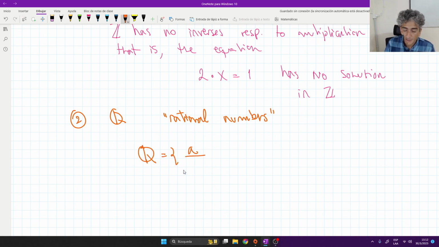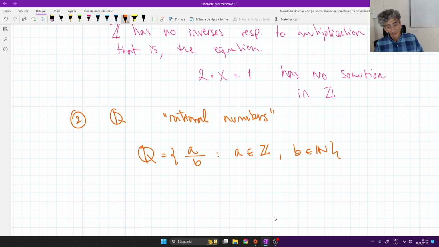So it's composed of symbols noted A over B, such that A is in Z and B is a natural number. So rational numbers do have inverses for both addition and multiplication, and they work just fine for most purposes.